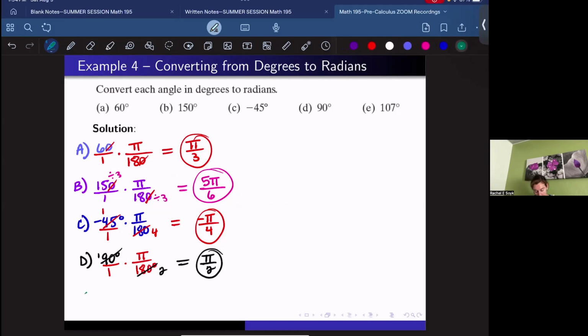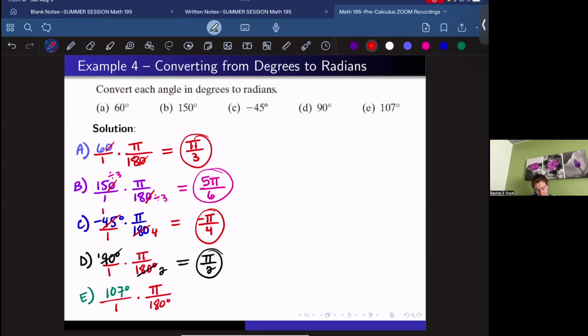And then finally, 107 divide by 180 times pi, which I believe 107 divided by 180 is in simplest form.